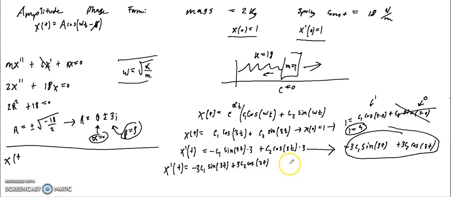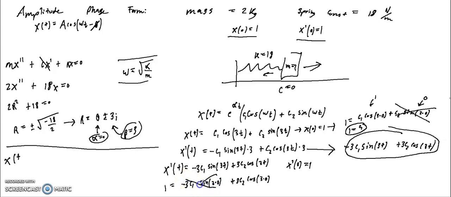And, well, we're given the same initial condition just for the derivative, x prime of 0 equals 1. So let's plug that in. Equals negative 3 c1 sine of 3 times 0 plus 3c2 cosine of 3 times 0.